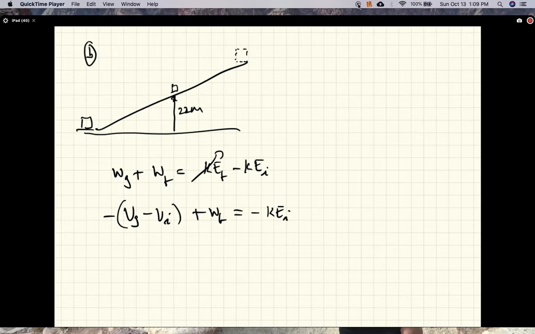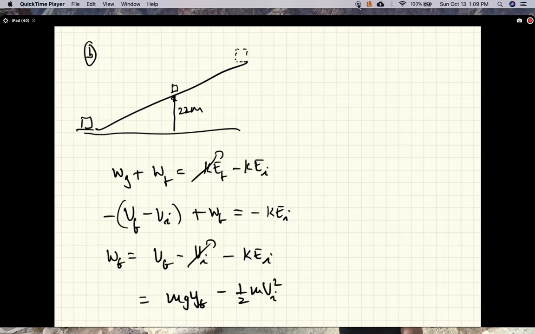So work done by friction is final kinetic energy, final potential energy minus initial potential energy minus initial kinetic energy. And initial potential energy is 0, so this is 0. So m g y final minus 1/2 m v initial squared.